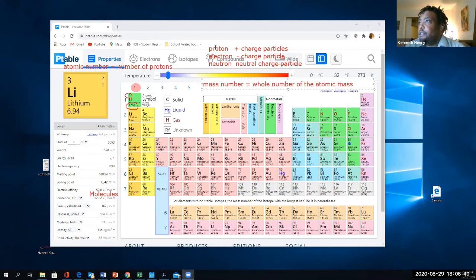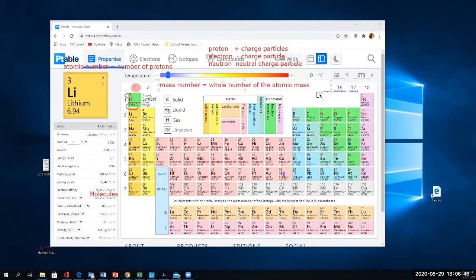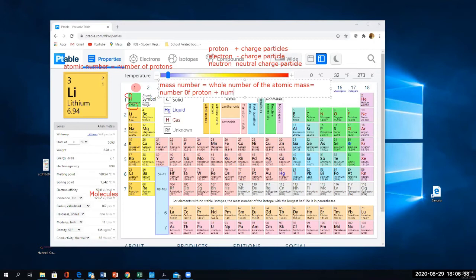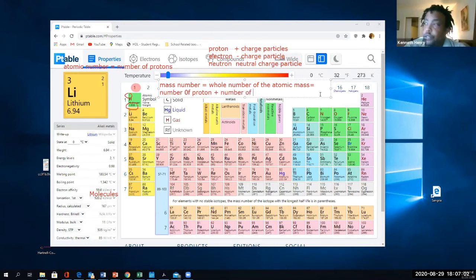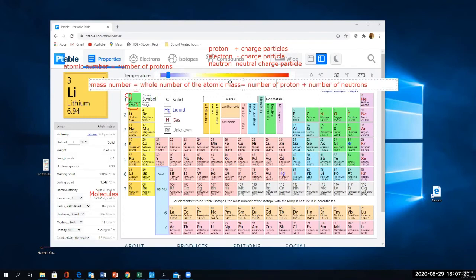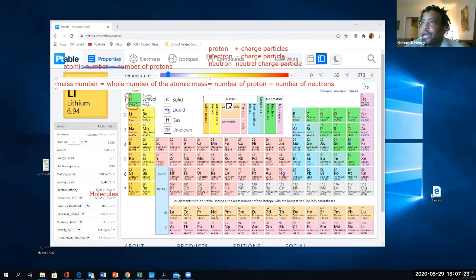What we can also say is the mass number is also equal to the number of protons plus the number of neutrons. Really running out of room now, huh?